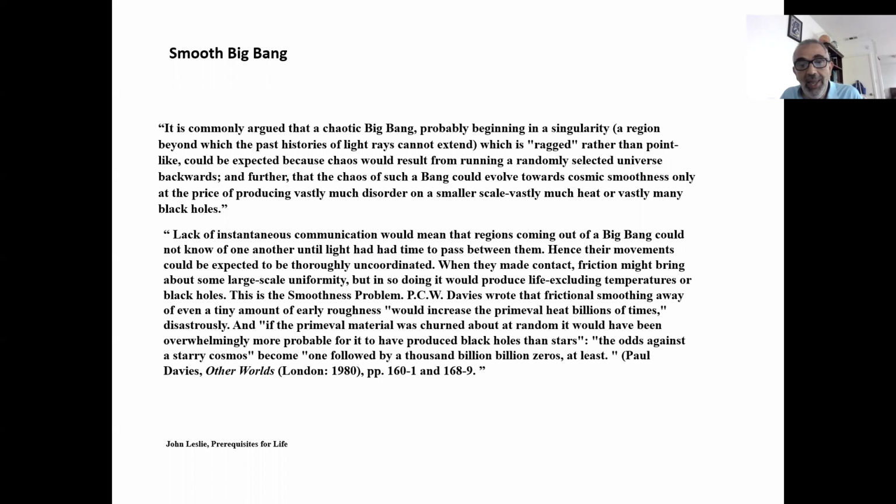So imagine a crowd of people moving smoothly outward from the center. They have a plan of how to move, and they will gently and smoothly disperse.